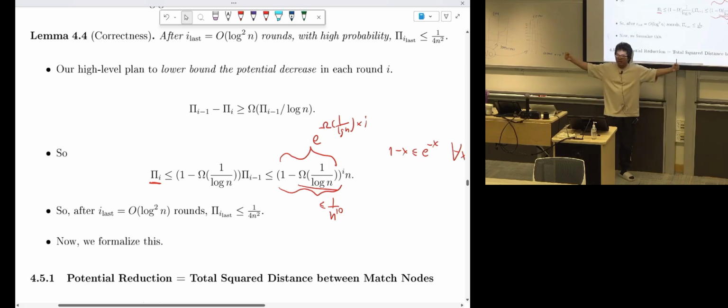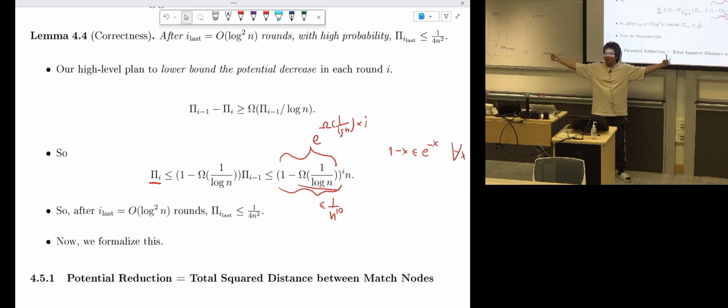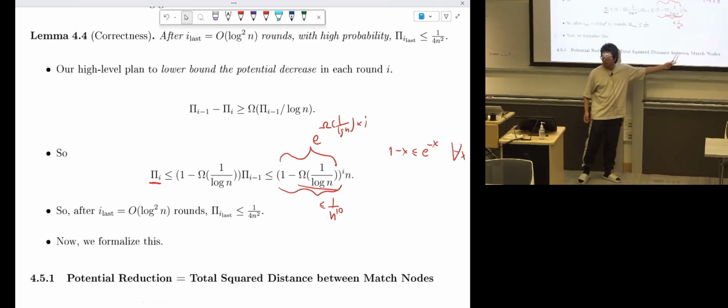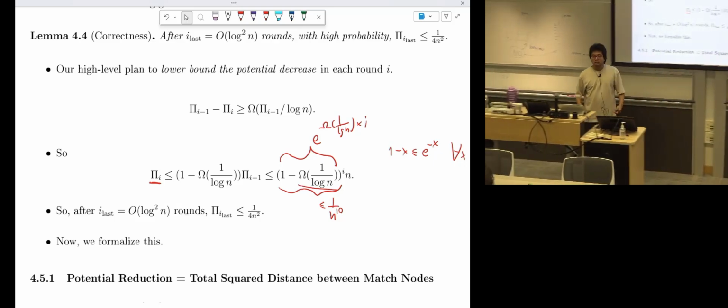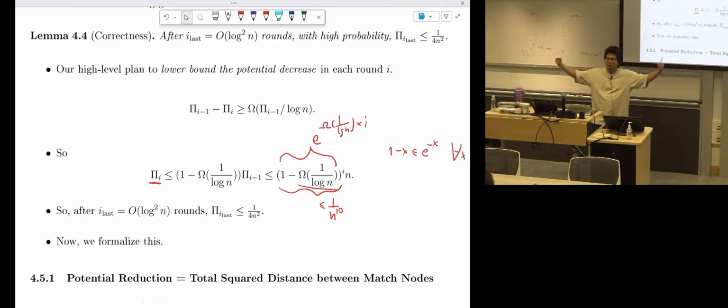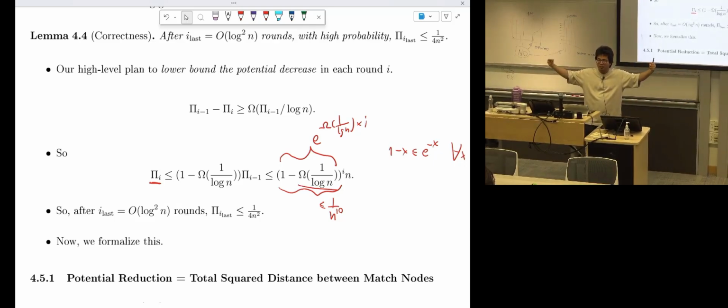We want to match between pairs that are far away, and the potential reduction is just going to be the total distance squared between matched nodes. So the further away the pairs that you match, the bigger the potential decrease.